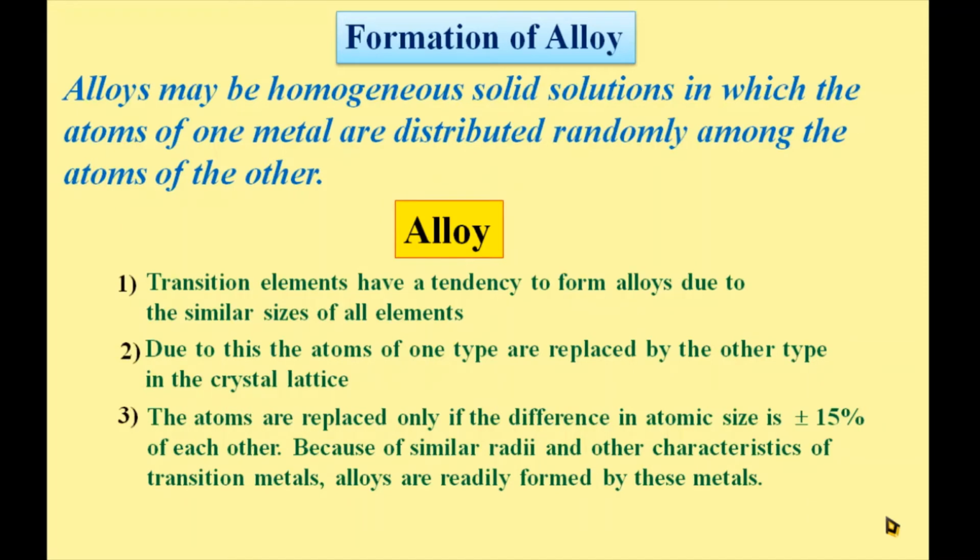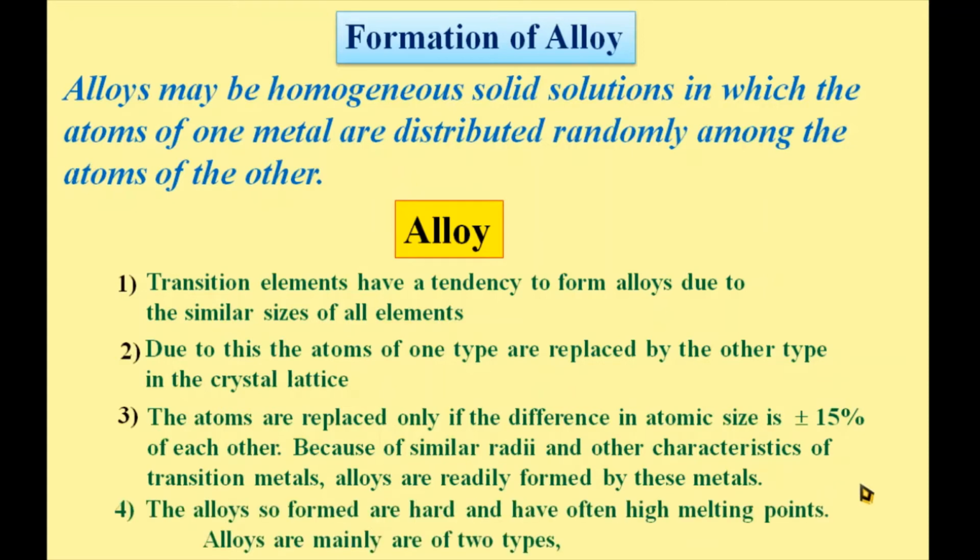Because of this smaller difference in their atomic size, they can replace one another and easily get mixed to form this combination which we call an alloy. This is the reason why they form alloys. Because of similar radii and other characteristics of the transition metals, alloys are readily formed by these metals.